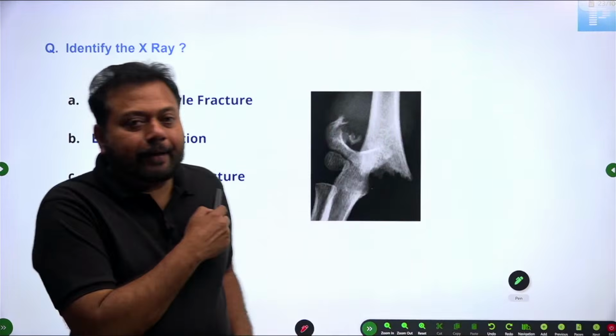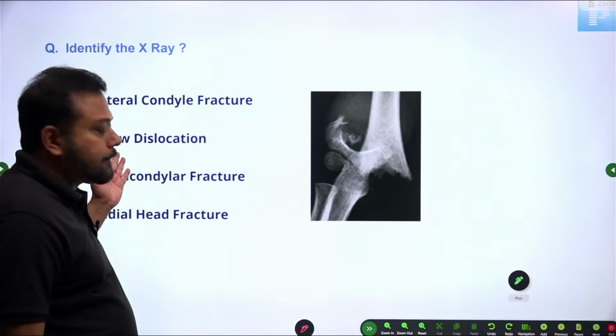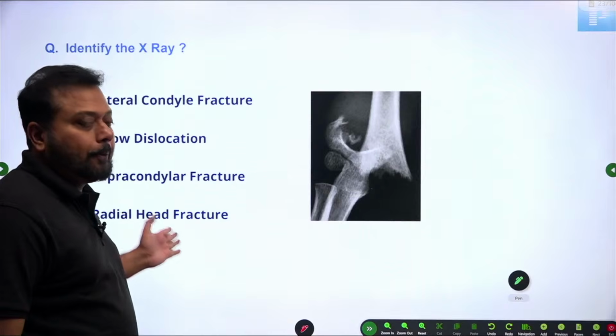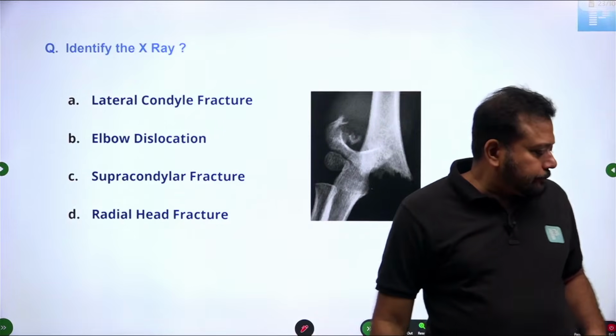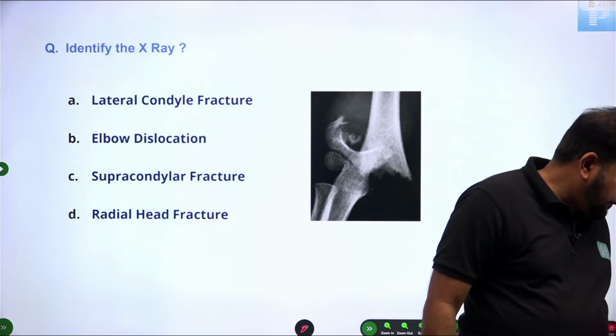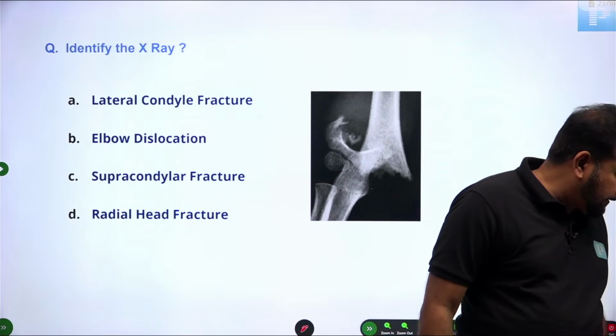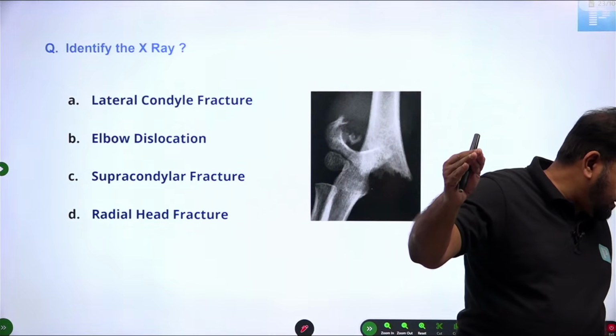Look at the X-ray and give the diagnosis. Is this a lateral condyle fracture, elbow dislocation, supracondylar fracture or radial head fracture? Yes, dear friends, Yogesh Dixit has given the right answer.